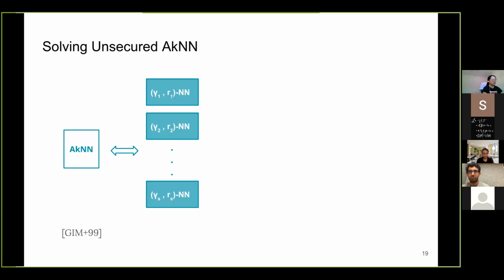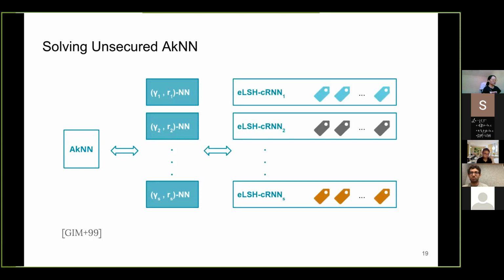We then solve each subproblem with an algorithm called ELSH CRNN, and then we can solve the AKNN problem. This is a known idea, but with no correctness proof. So we provided one in our work.